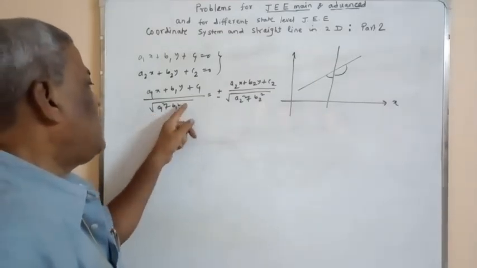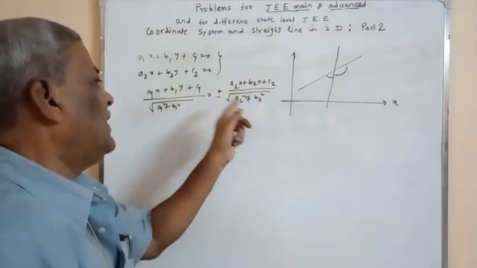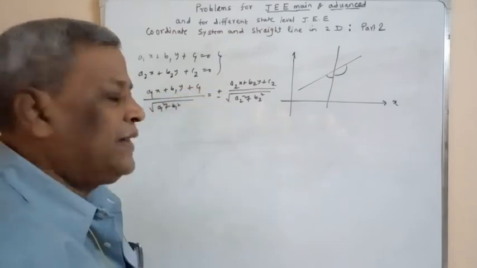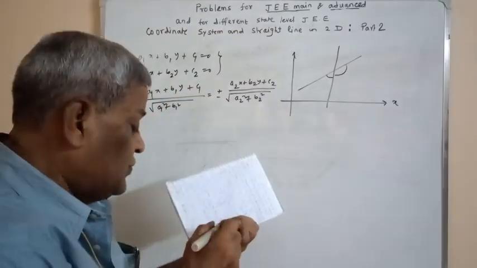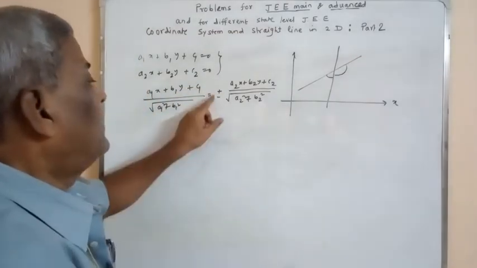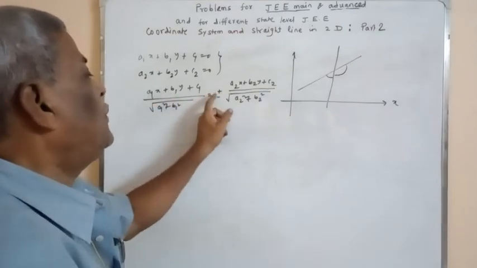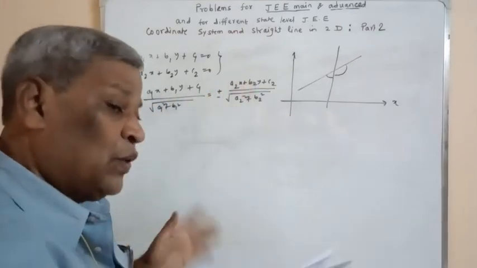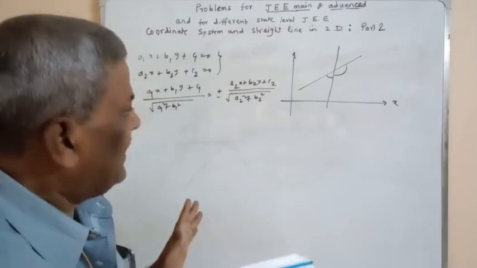In fact, this is a constant term, this is another constant term. So this is a linear equation. Using, say, the plus sign, we get this is equal to plus this. So it is a linear equation, a straight line.